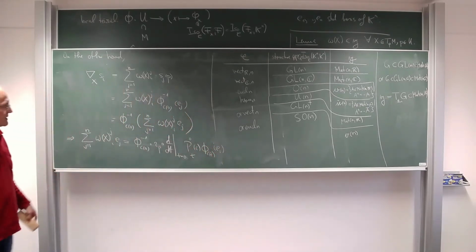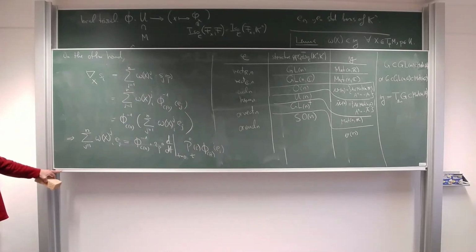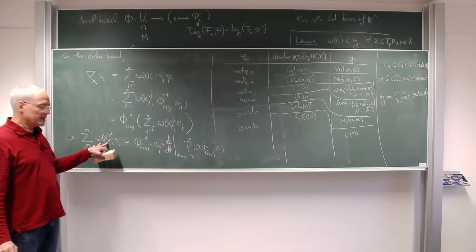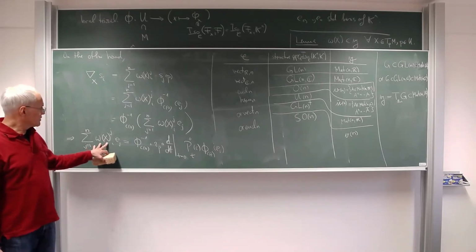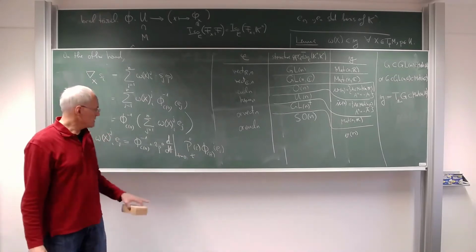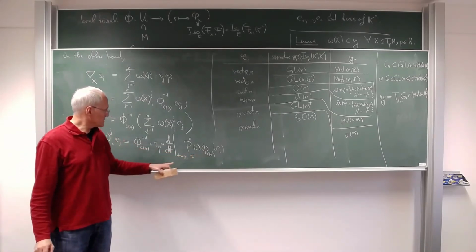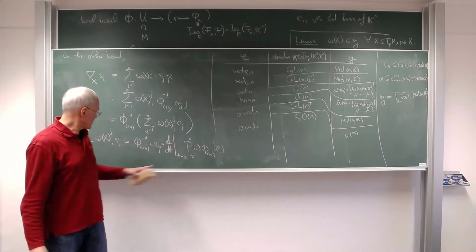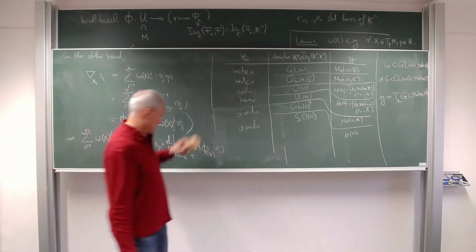That's what we have, right? What does this mean? Well, this means that this matrix is the representing matrix of an endomorphism of Kn, namely the one that we get by taking this composition, and it's a representing matrix with respect to the standard basis.